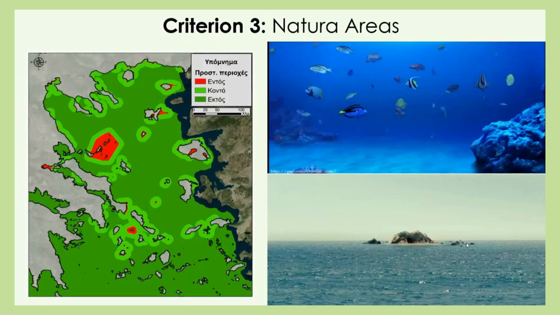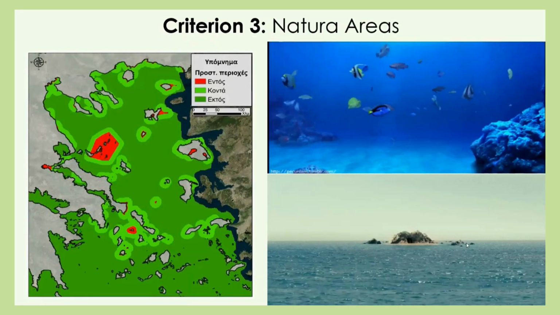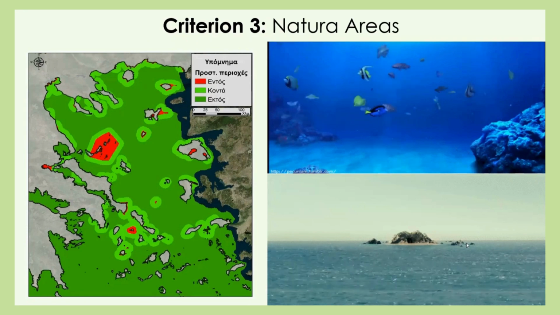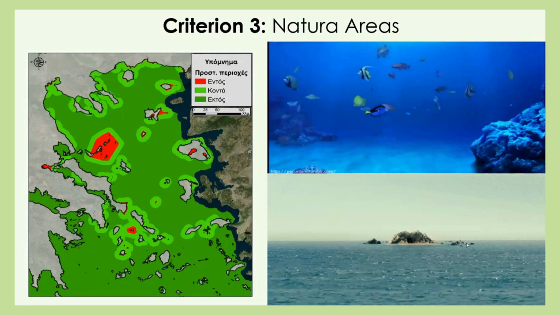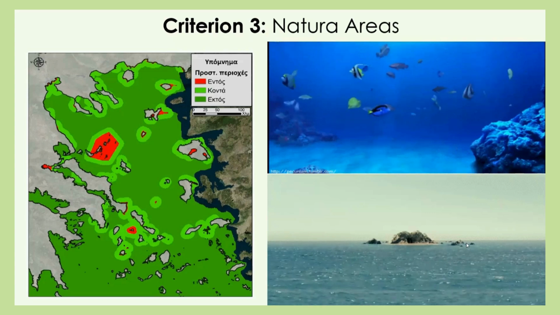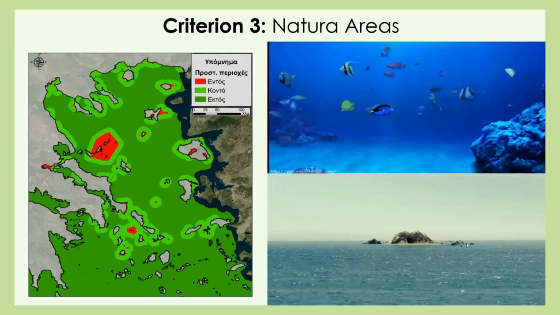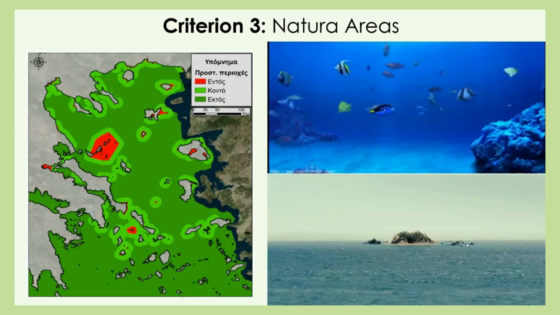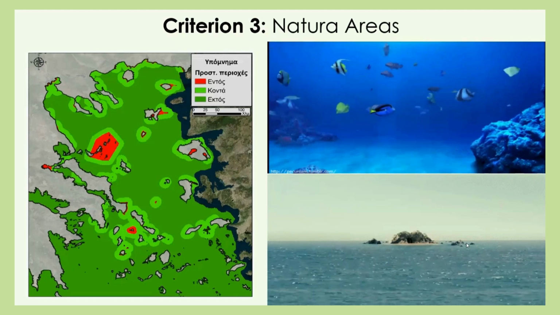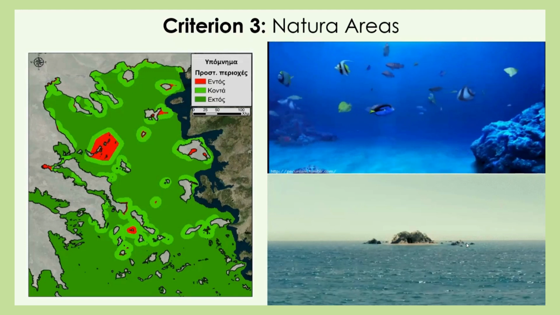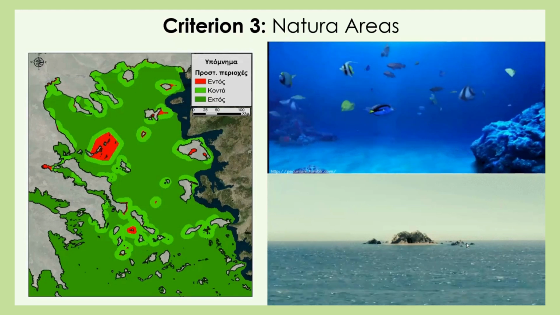The next criterion, of course, an environmental one, we have the Natura areas here in the Central and North Aegean Sea. And here, let's say we are explaining that this criterion is binary. Inside the red areas, we don't go. Outside the red areas, we might go there and place wind turbines.